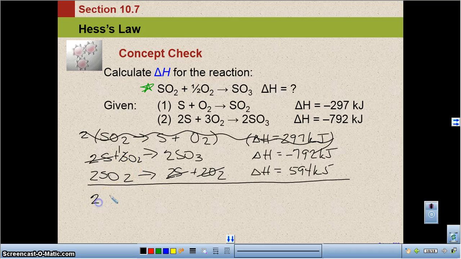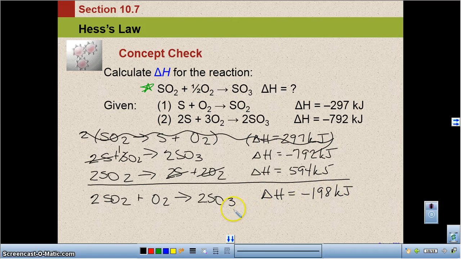So let's go ahead and write down what we have. We have 2 SO2s and 1 O2, and that's going to go together to yield 2 SO3s. And delta H in this case is going to be 594 plus a negative 792, so it's a negative 198 kilojoules, which just means that there's that much energy given off.